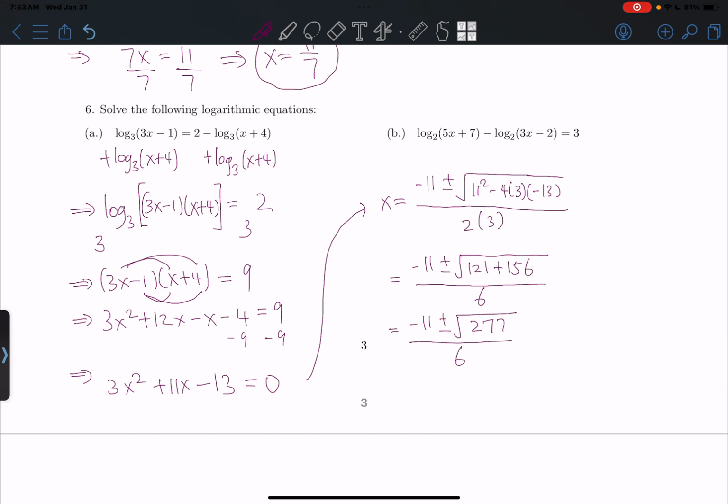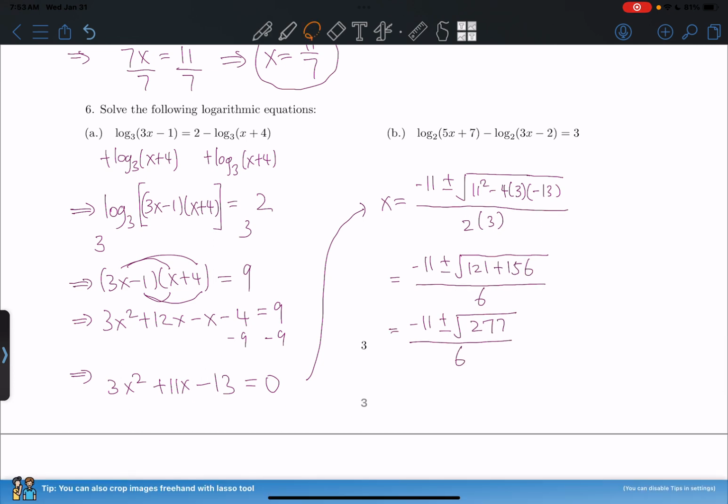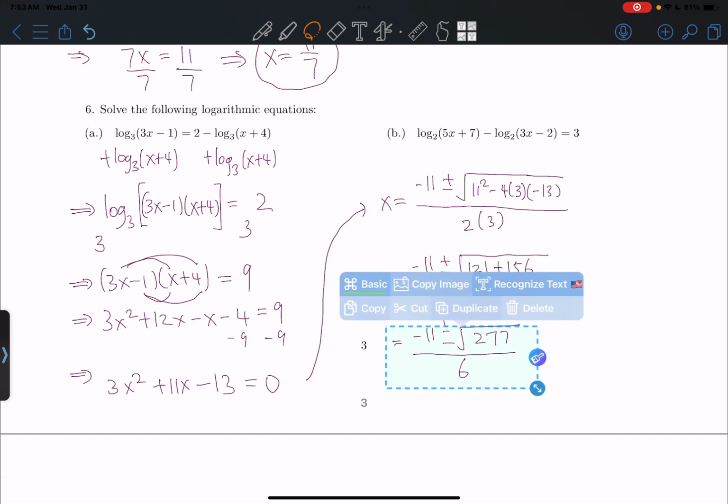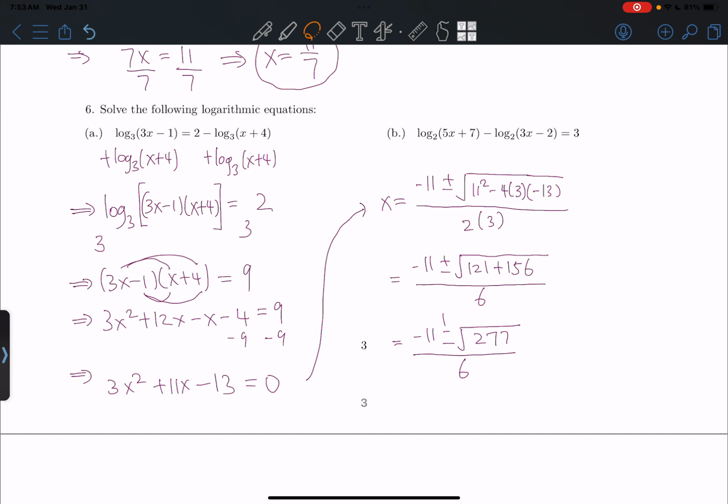If it's not a perfect factor, then we can just leave it as is. You don't have to worry about simplifying this expression more. Okay, so that right there is your answer. There's nothing wrong with it. It's a perfectly good answer.